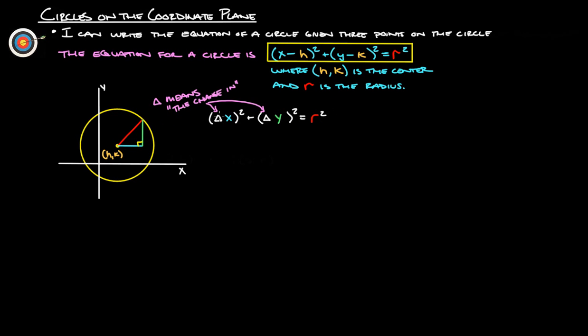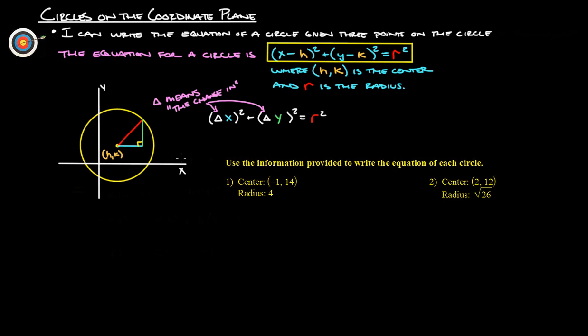And this triangle here, delta, means the change in. So the change in x squared plus the change in y squared is going to equal r squared. The change in basically means the length here and the length here, a squared plus b squared equals c squared.